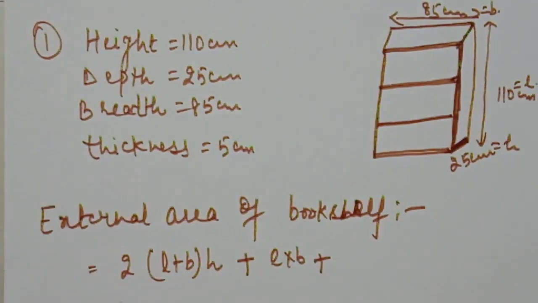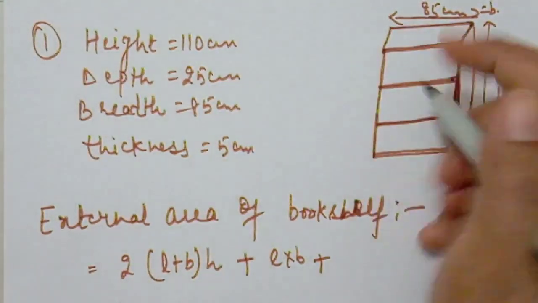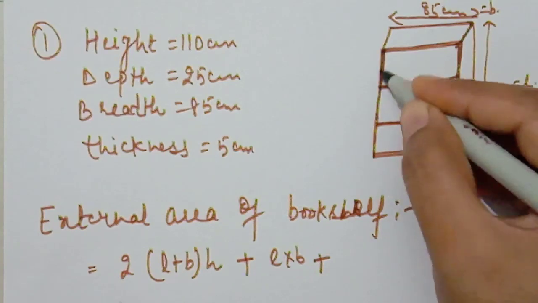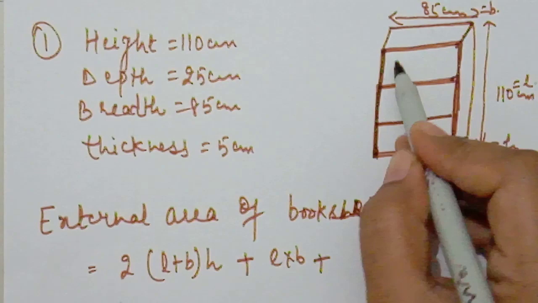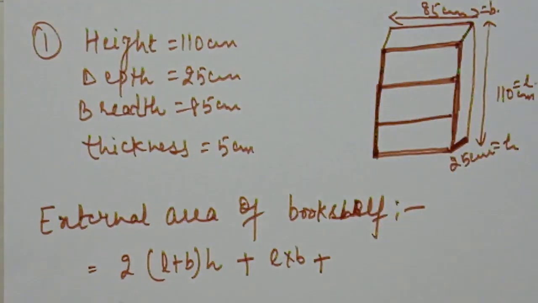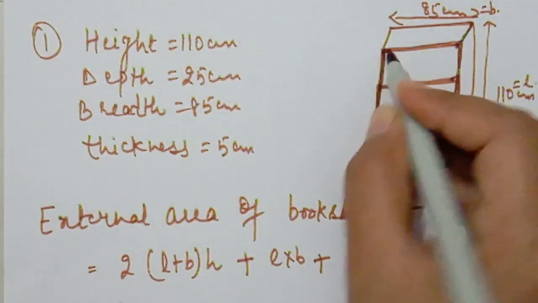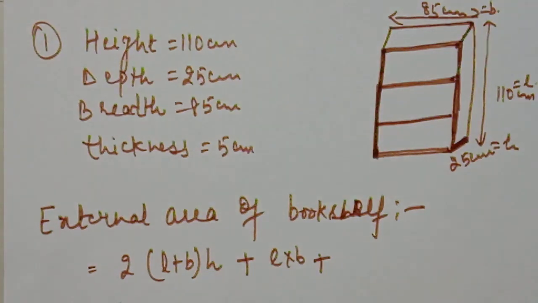Now what about this front face, because these parts, the solid planks whose breadth is 5 centimeter, are to be polished. Students, please tell me, we have to find the measurements of this given diagram.